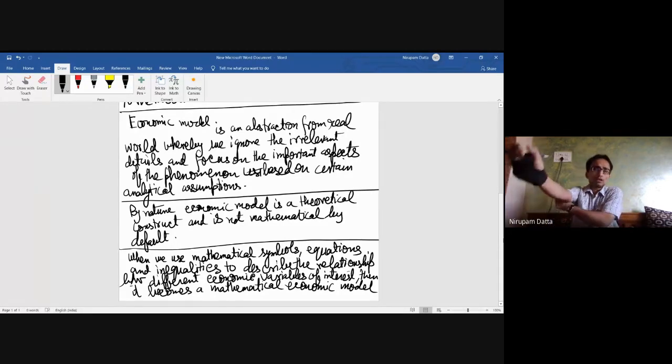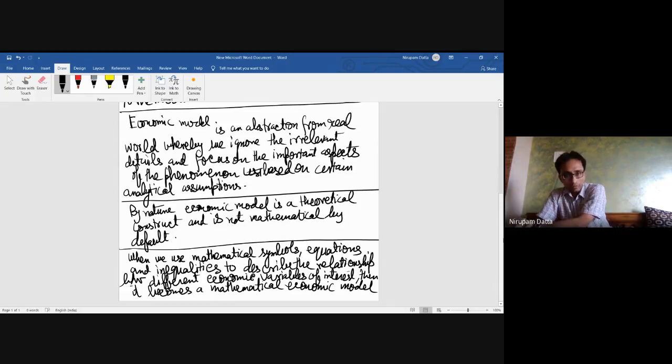So by default, an economic model is not mathematical. Only when we substitute the language of English or any spoken or literary language with mathematical symbols, and use equations and inequalities to describe the relationship, then it becomes a mathematical economic model. This is very, very important. Keep this in mind.